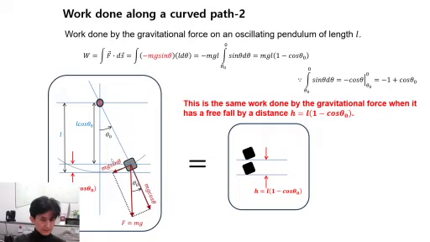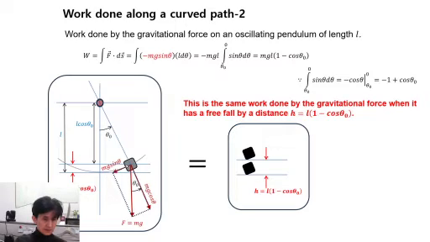I put a negative sign because when theta is positive, the force is in the negative theta direction to decrease theta. So the magnitude is mg sine theta. That's the force acting along this moving direction by the gravitational force mg.